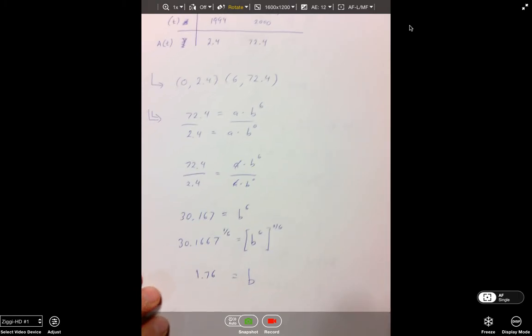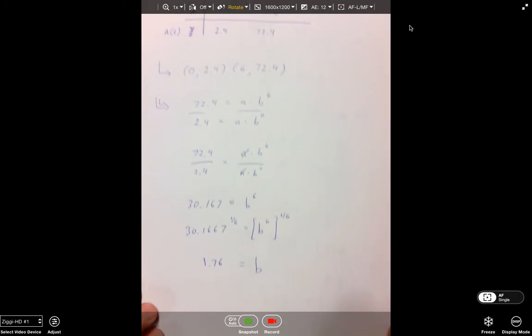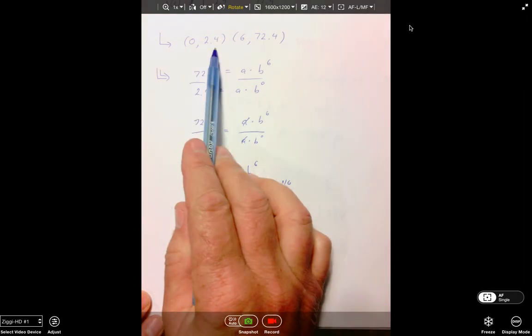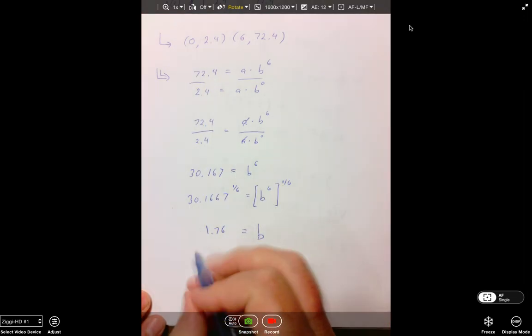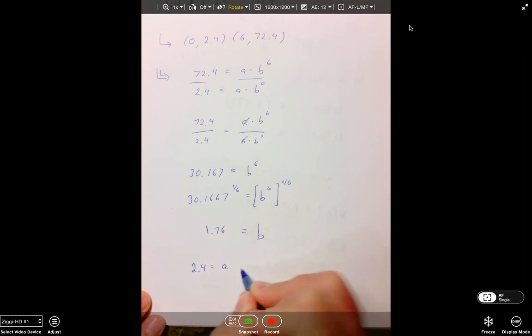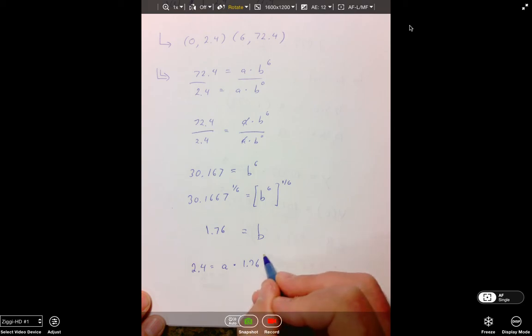And our a is going to turn out to be really cool because if I take my smallest, which is the (0, 2.4), I can see that my y is 2.4, my a I don't know, my b is 1.76, and my x is 0.